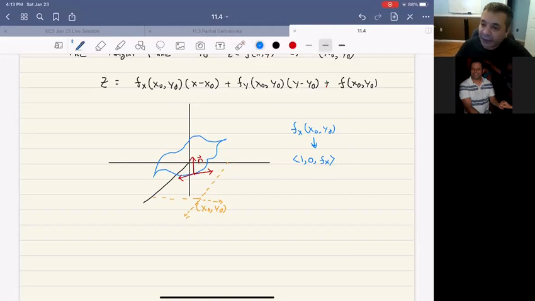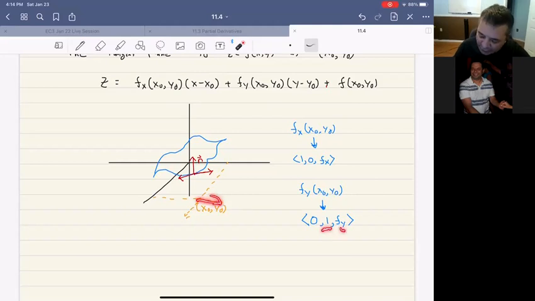Likewise, f sub y of x0, y0, how do you think we're going to represent that as a vector? It's actually going to be 0, 1, f sub y. As you move in the y direction, that's this 1, you're going to go up or down by f sub y.